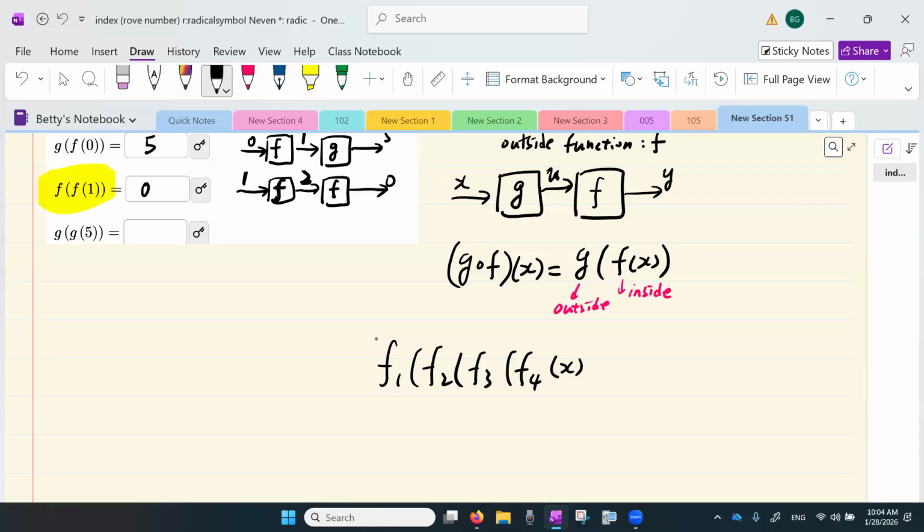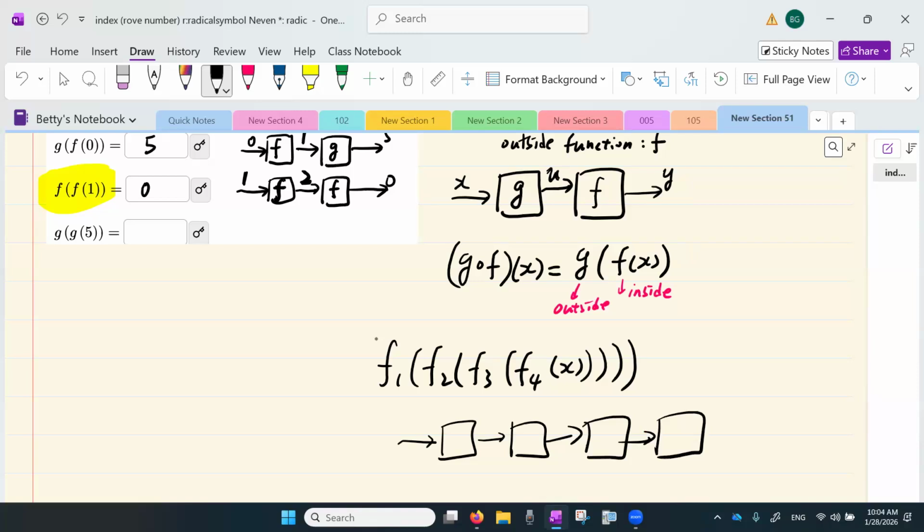Here I have 4. Then this is a very long line, right? The inside function is f4, then f3, f2, and f1. But we don't see this complicated function.